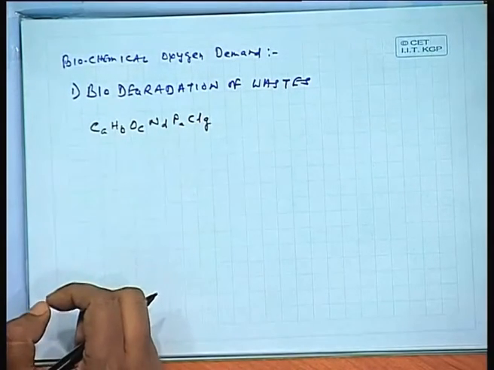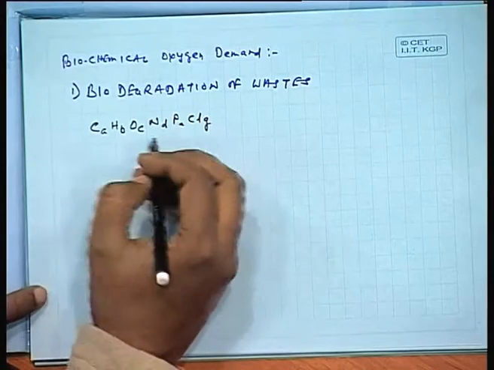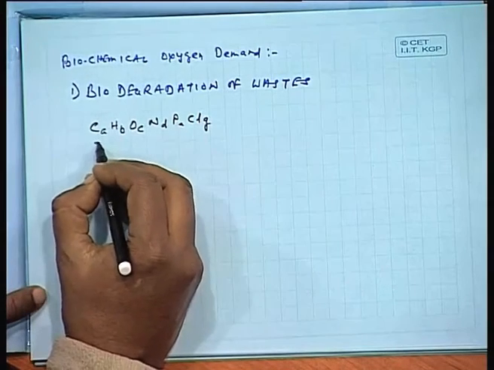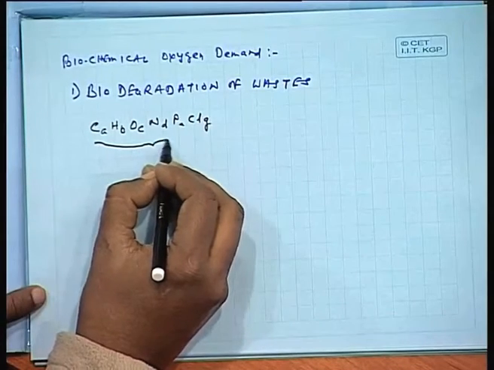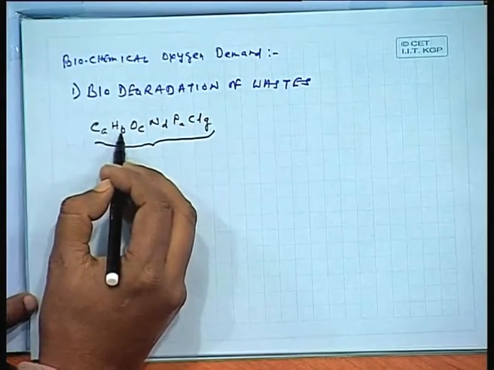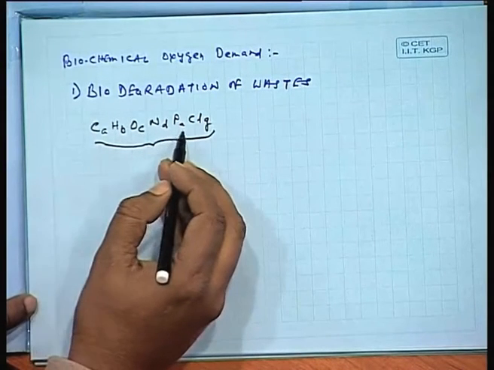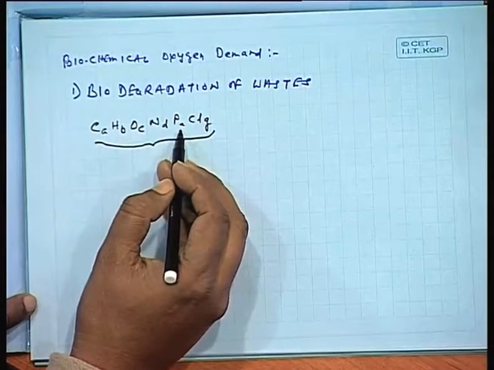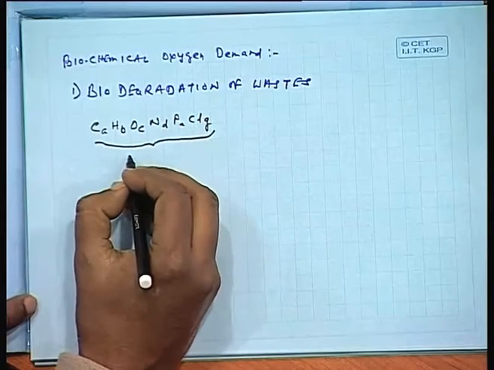A waste is mostly what you would find as C, H, O, N, P, that is phosphorus, and chlorine. This is a typical waste.